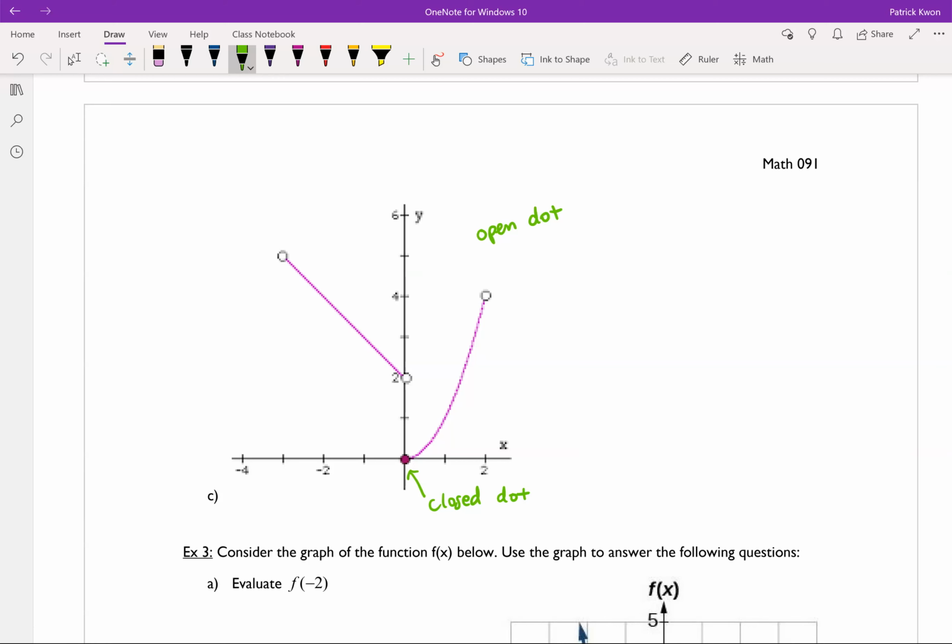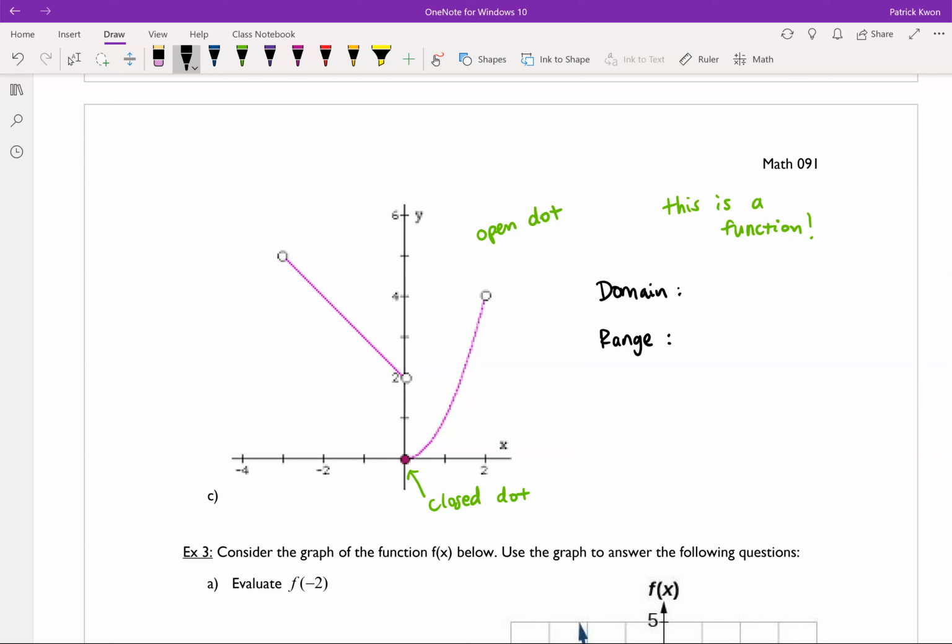So the vertical line test tells us that this is in fact a function, because of the vertical line test. Again, the open dot means that it's not part of our graph, and the closed dot means that it is part of our graph. So now let's talk about the domain and the range.